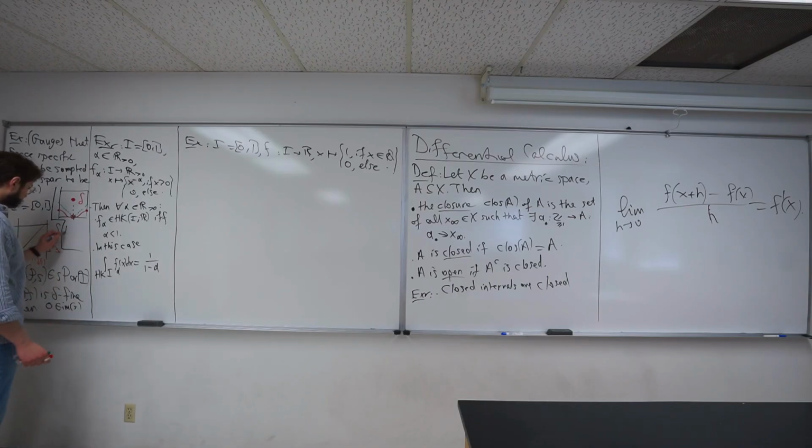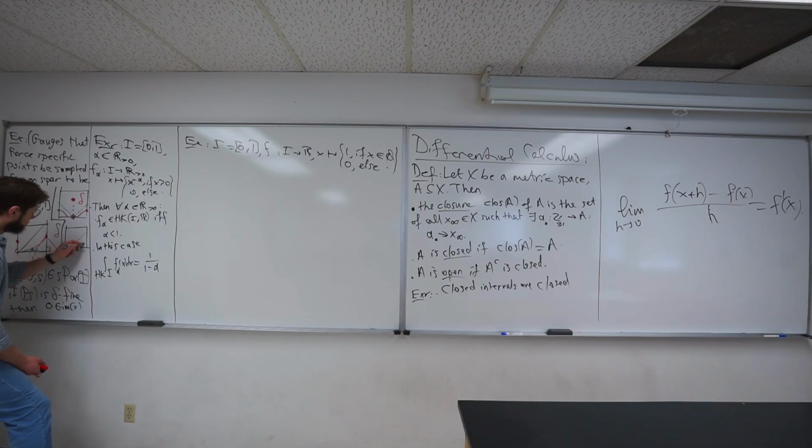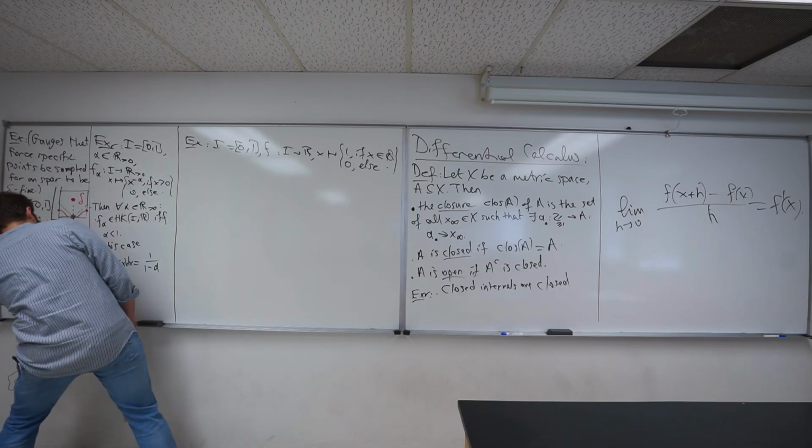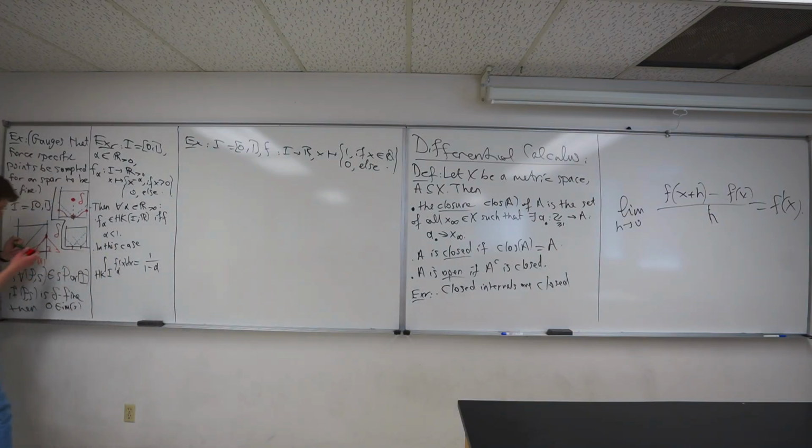Let's do one more, perhaps, like this. Again, I'm looking at the lines with slope 1 and -1. Okay, say I'm trying to force sampling these points. Then I can come up with something like this.